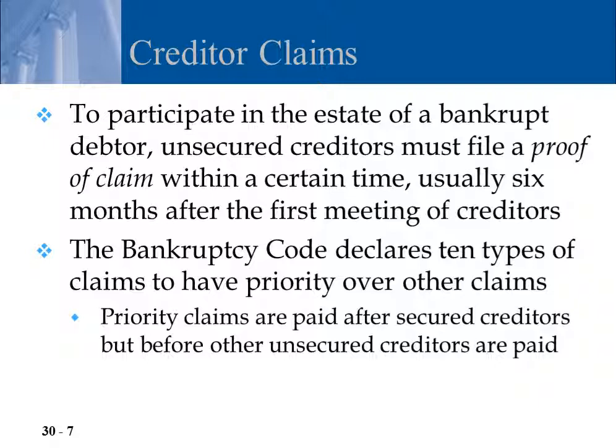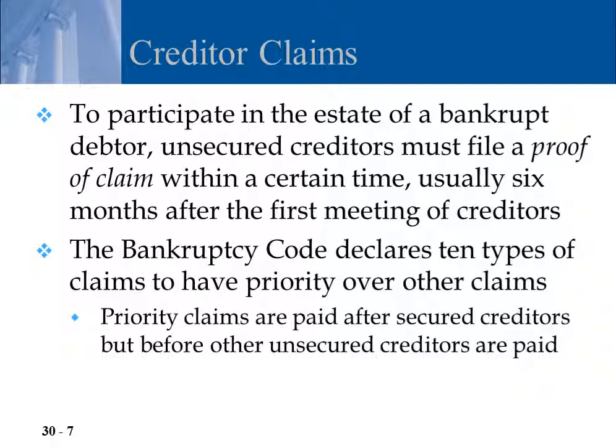Let's take a look at creditor claims. To participate in the estate of a bankrupt debtor, unsecured creditors must file a proof of claim within a certain time, usually about 6 months after the first meeting of creditors. Basically, once there's a filing of a petition in bankruptcy, the court will notify the creditors that a bankruptcy petition has been filed, and this is how the creditors know there's an automatic stay.